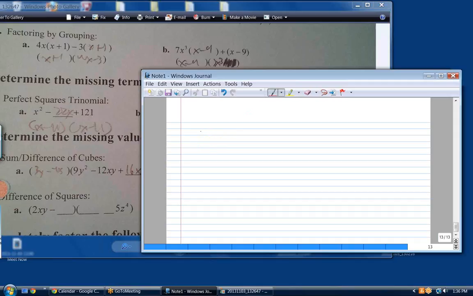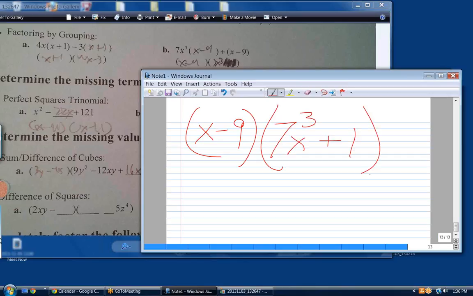I don't know if she wants you to do it or not, but x minus 9 is the binomial factor, and it leaves behind 7x cubed plus 1. Now, notice that that's the sum of cubes. It isn't the sum of perfect cubes. So I don't know if she wants you to take it this far, but she might.